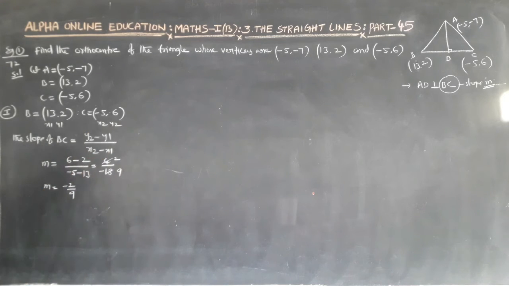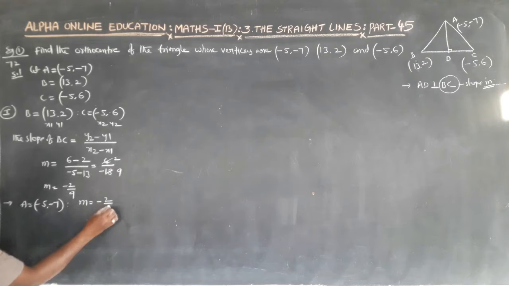Find the equation of AD. A is the point (-5, -7), and the slope of BC is m equals minus 2 by 9.